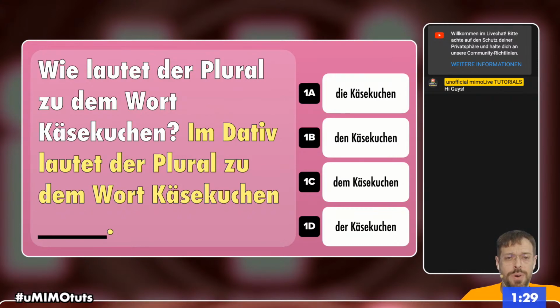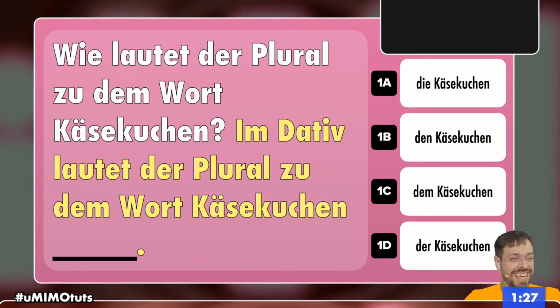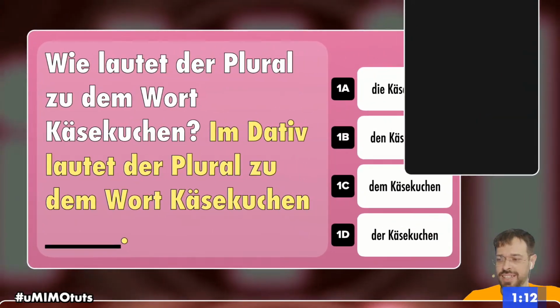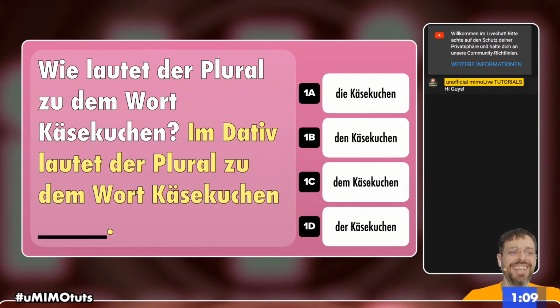Is it A1, die Käsekuchen, or 1B, den Käsekuchen, or 1C, dem Käsekuchen, or even 1D, der Käsekuchen? Yeah, you have 1 minute and 14 seconds time to reply. Use the chat. Yes. It runs like this.